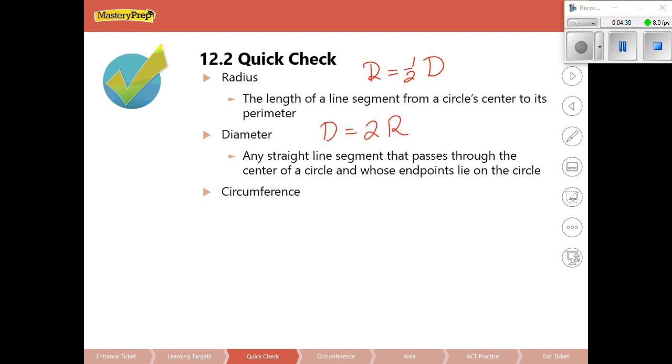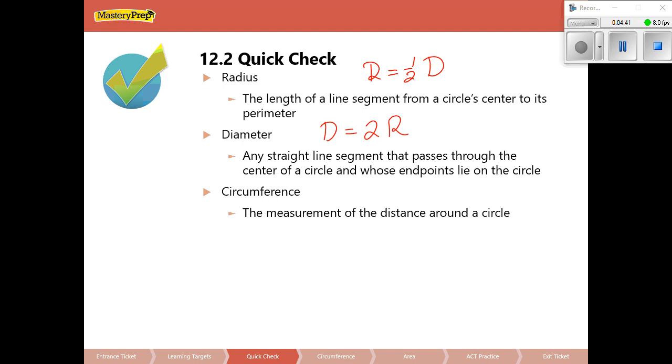Well, the circumference is all the way around the circle. It is the measurement of the distance around a circle. Is there a difference between the perimeter of a circle and the circumference? Because what is perimeter?